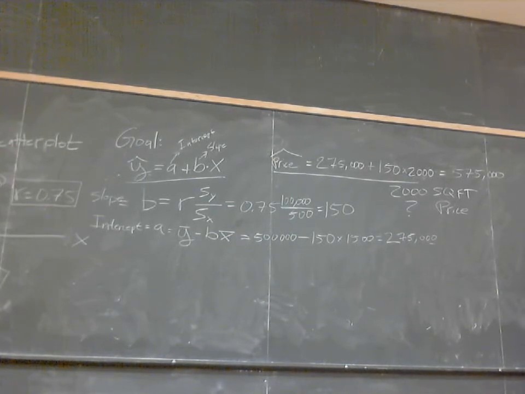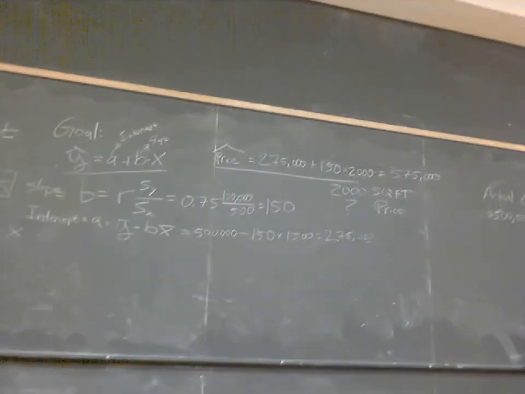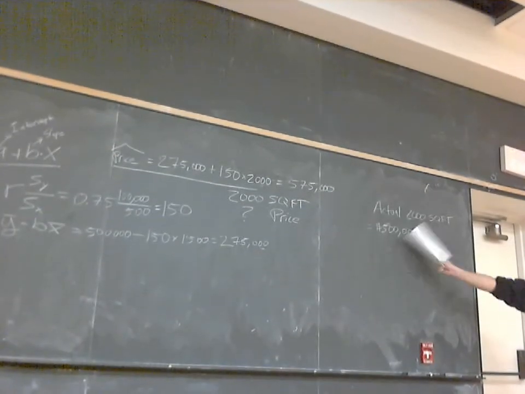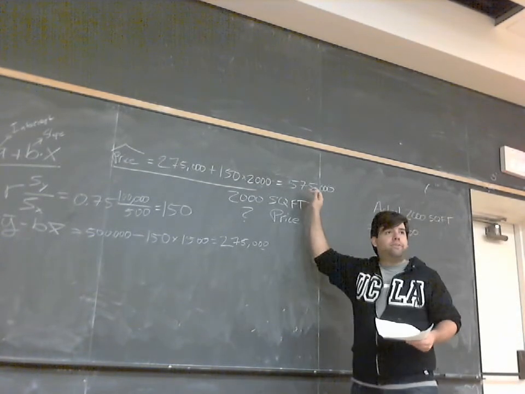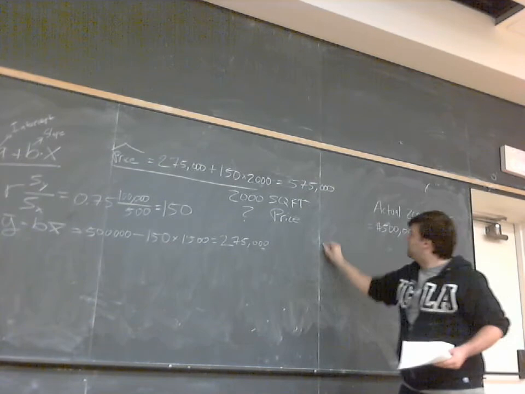Let's say I go out and I find a house that is exactly 2,000 square feet. And I look on Zillow and it is priced at exactly 500,000. So this is what the house is actually priced at. This is what I predicted it would be priced at. A residual.